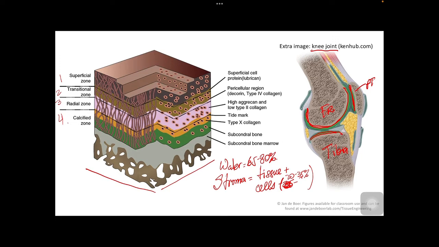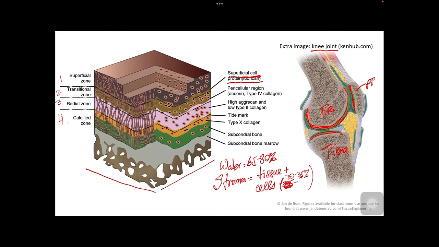The first one is the superficial zone. The superficial zone is basically the zone that has contact with the outside world. In this case, it's the outer region of articular cartilage, right? It's mainly collagen, but also has this important protein called lubricin. Lubricant is there because we need to lubricate the surface, so it's not a dry surface, but a surface that can slide.